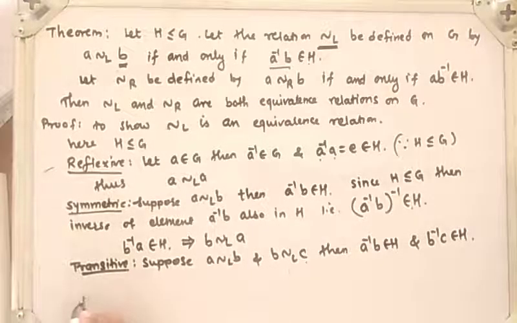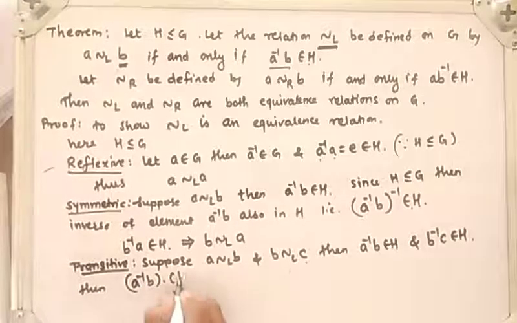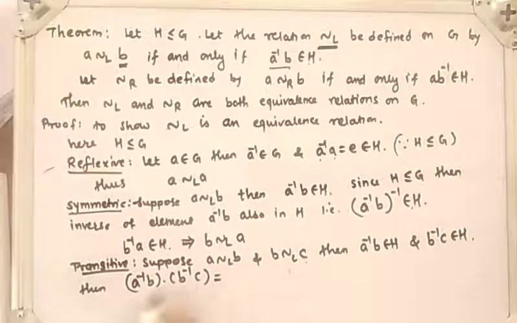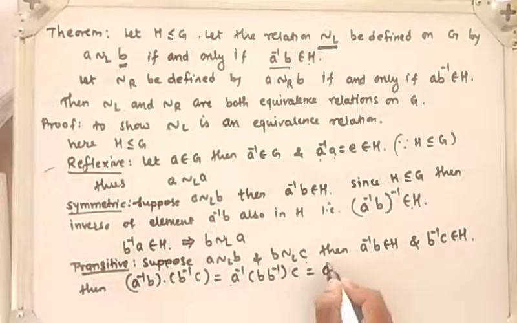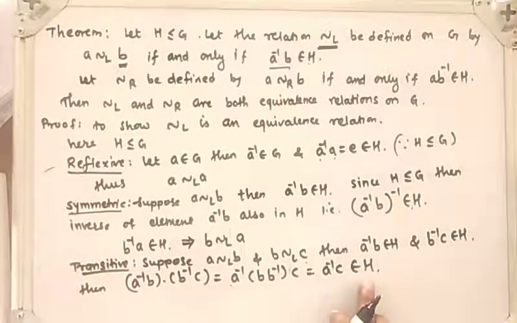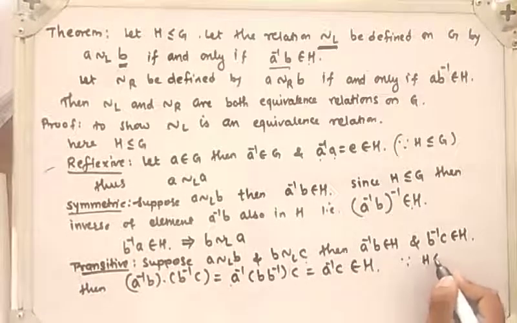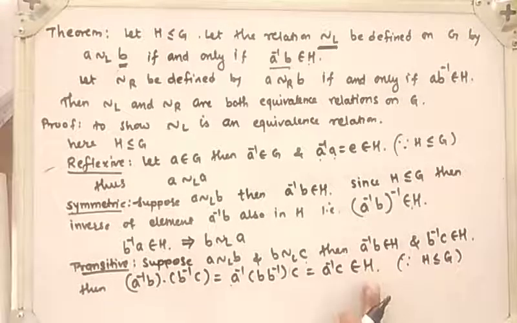Then A inverse B into B inverse C, by using associativity, is A inverse into B into B inverse into C, which is equal to A inverse C. It belongs to H because H is a subgroup of G, therefore H itself forms a group, so the product of these two elements also belongs to H. B into B inverse is identity, so the remaining element is A inverse C, which also belongs to H.